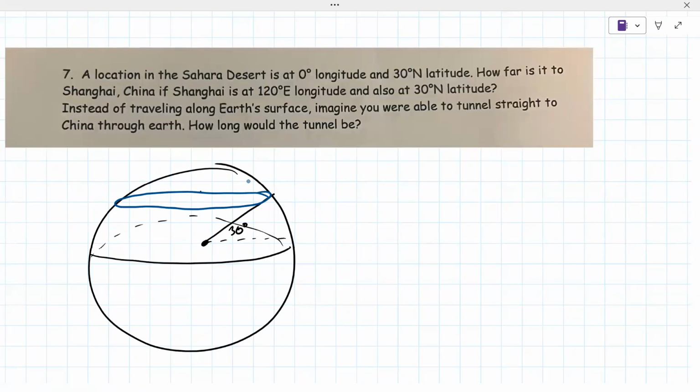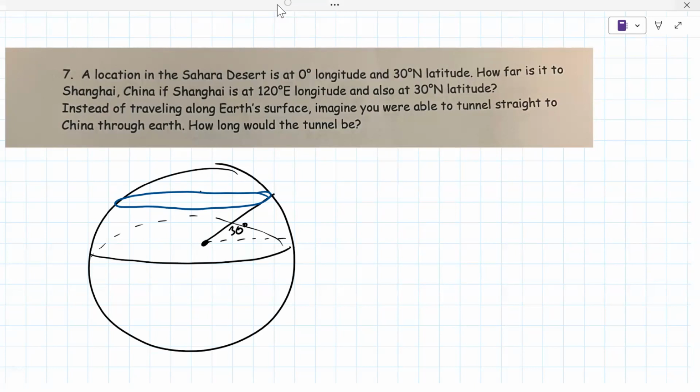I don't have a good sense of how far north or south of the equator things are, but Shanghai is at 120 degrees east longitude. Okay, 0 degrees. All right, that's fine.